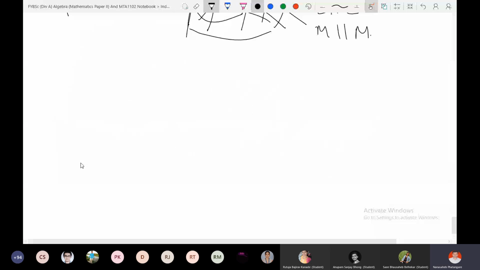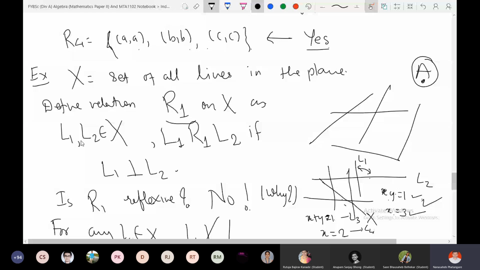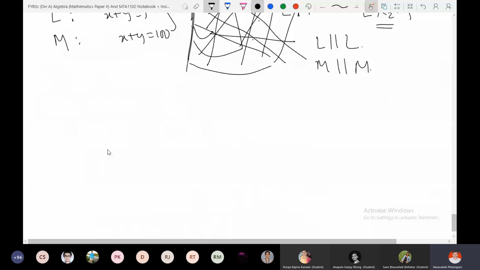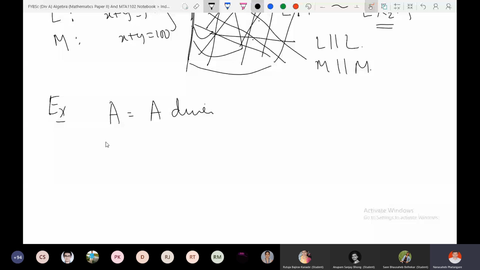Now, if you recall our previous examples, suppose we define a relation among students from A division, where x is related to y if x is a friend of y.